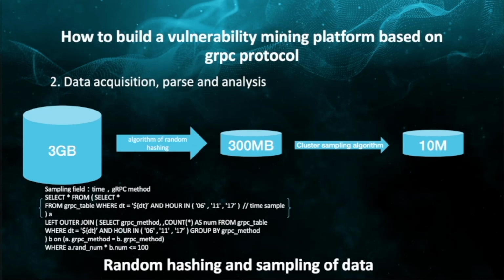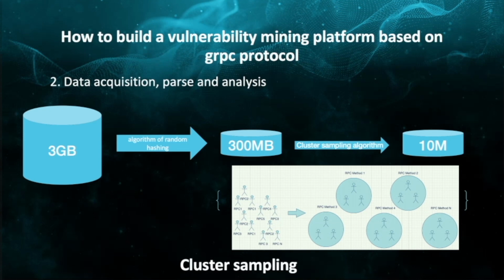For the large amount of gRPC traffic data we have obtained, we have adopted a variety of methods to conduct sampling to reduce our test work without losing information as much as possible. Sampling methods include random hash sampling, cluster sampling, and so on.